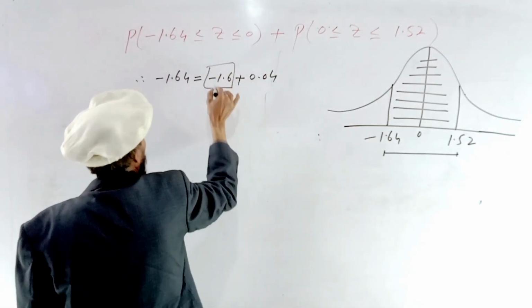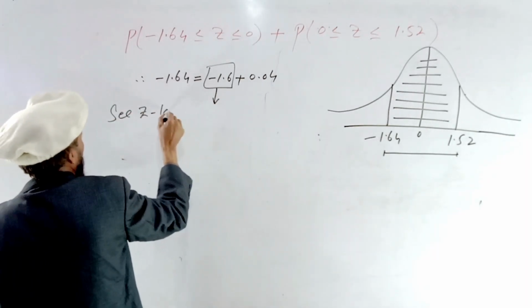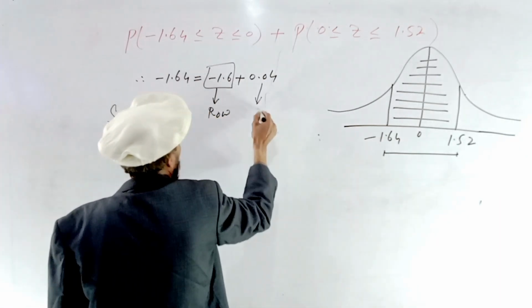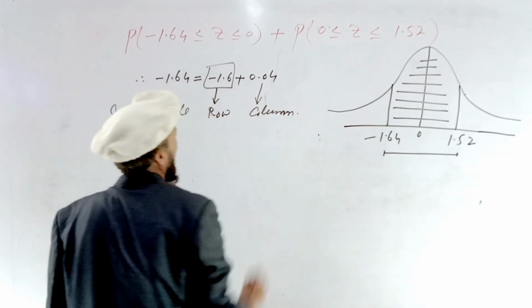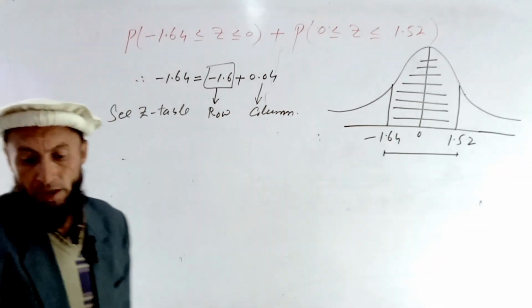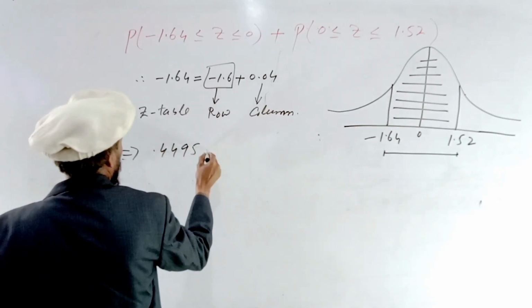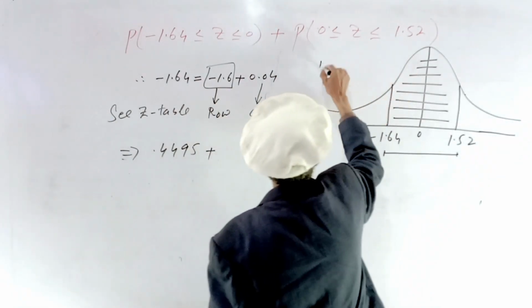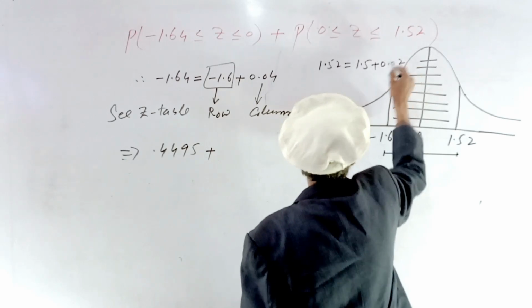In the Z table, this is the row and this is the column. We get 0.4495. Similarly, for 1.52, we can write 1.5 plus 0.02.